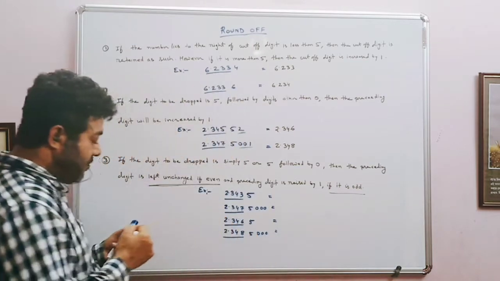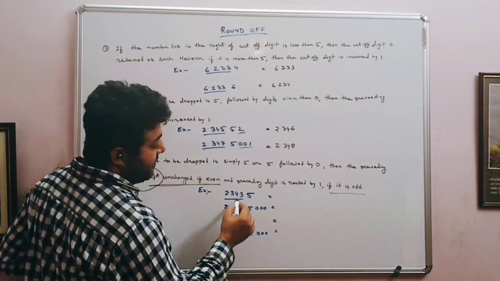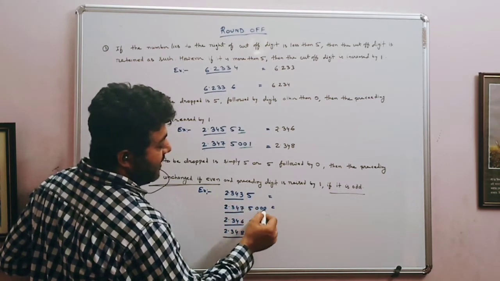So now check, we have to round off up to 4 significant figures. तो देखो ये odd है और यहाँ पे क्या है, 5 या 5 followed by 0.